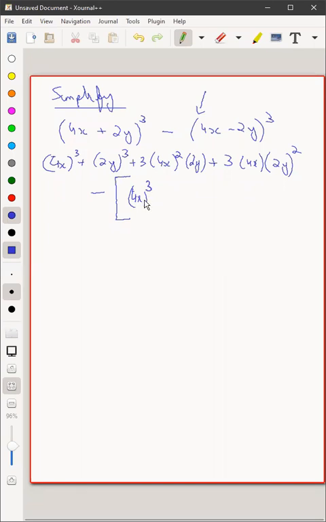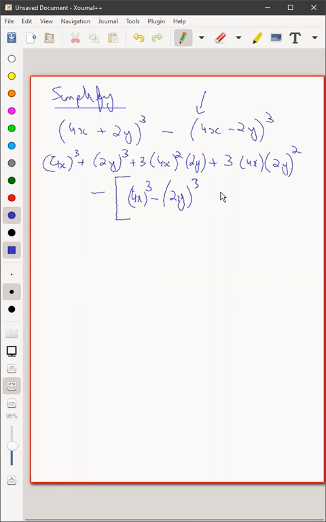You understood where you're going wrong? 4x cube is not the same as writing 4x, the whole thing cube. Okay, so it's 4x, the whole thing cube, then minus 2y, the whole thing cube.